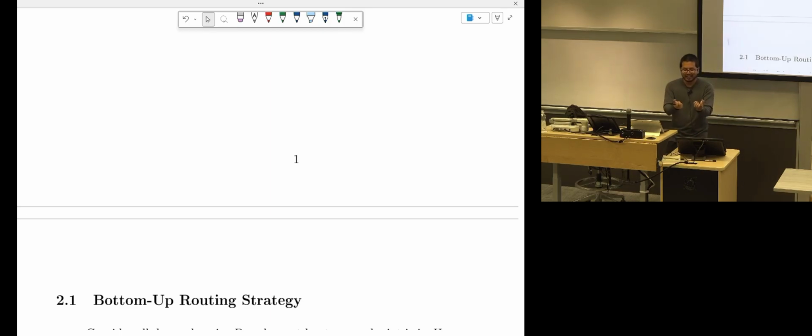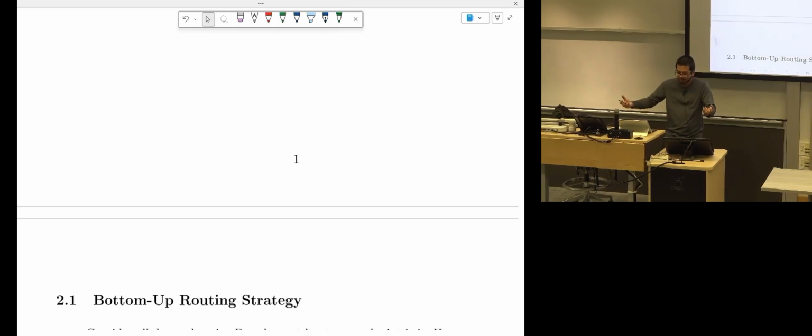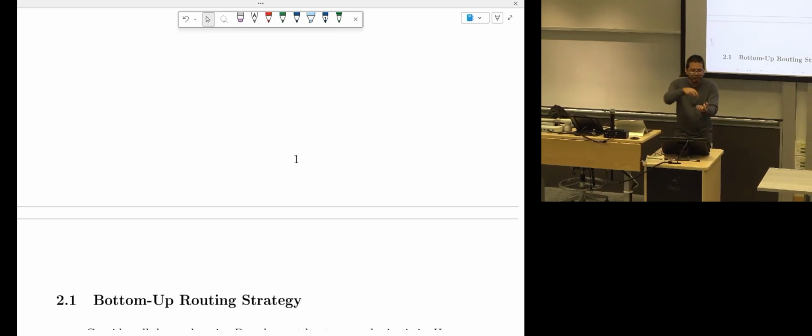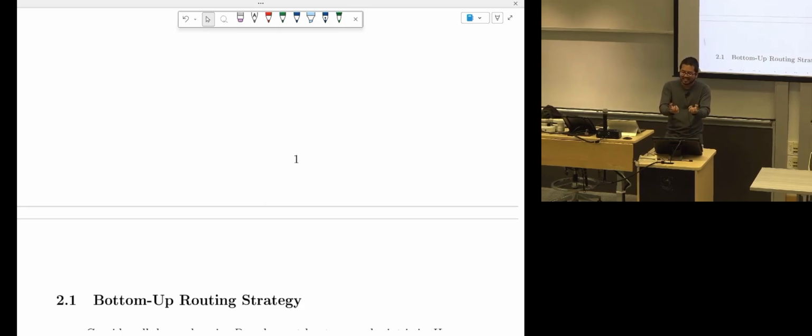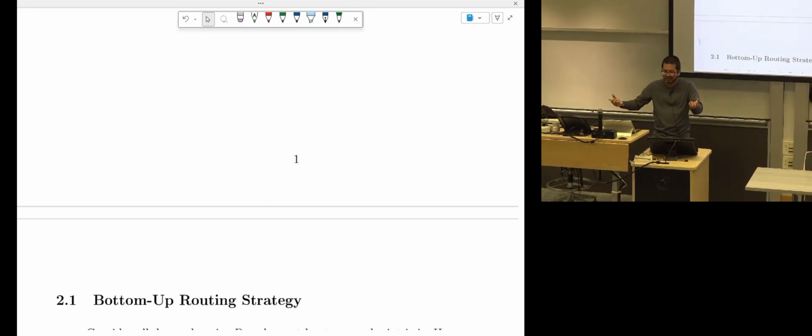We look at each cluster from the bottommost level, and try to build flow partially from the bottom cluster, and then go to the next cluster, go up, and try to send flow further from the next level, and so on.